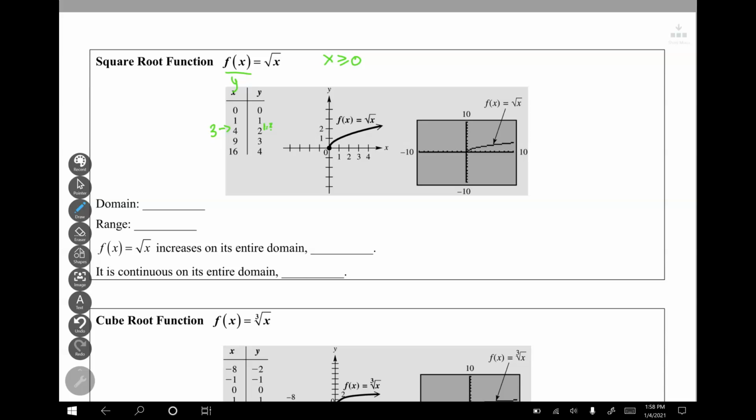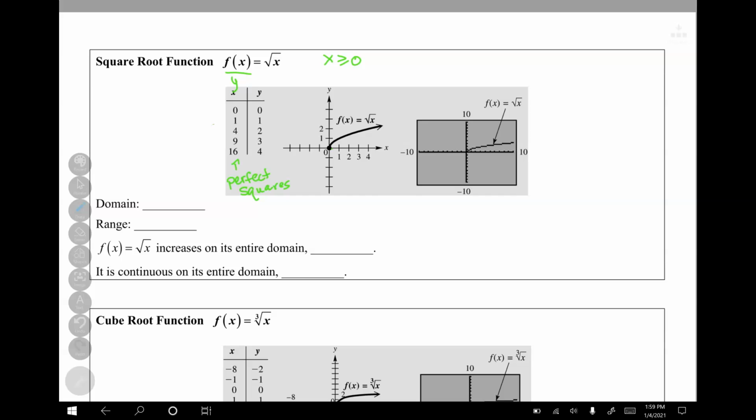So it's just smart, when you're looking at the square root function, to only put perfect squares, or values that will give you a perfect square, in for your x values, right? Because then you can actually take the square root and you can actually get a whole number for your y value.